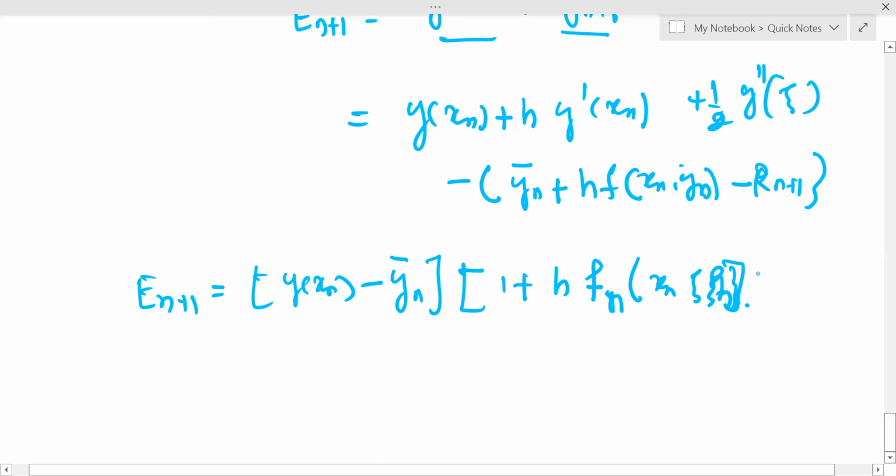This value is the error part of y of xn and yn, plus Rn plus 1 plus Tn plus 1. This is called the error analysis of this function by Euler's method.